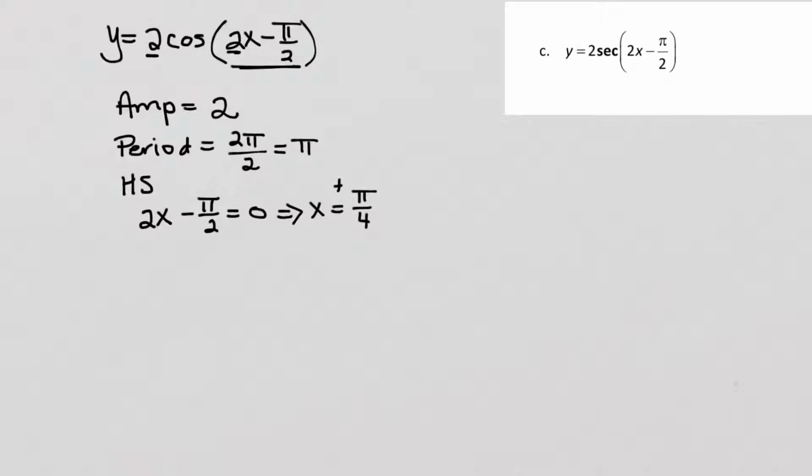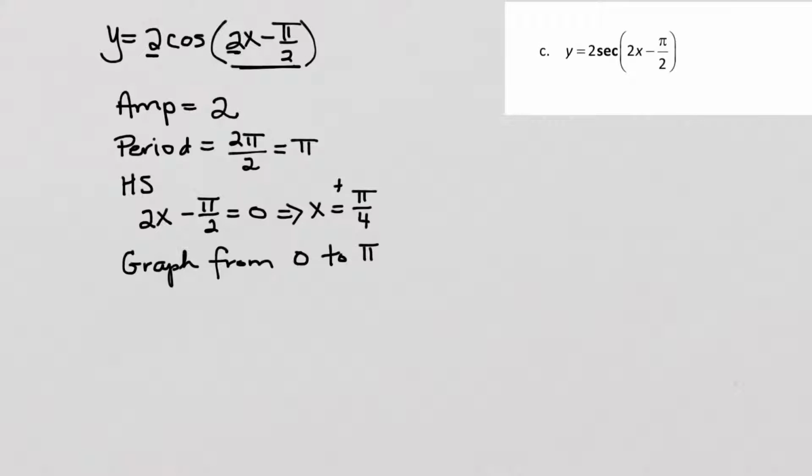So, normally, we would graph the cosine function from 0 to 2 pi, but now the period is pi, so then we would graph it from 0 to pi.